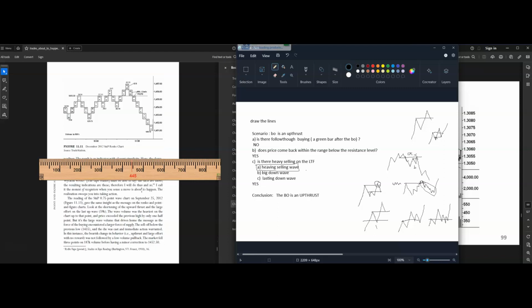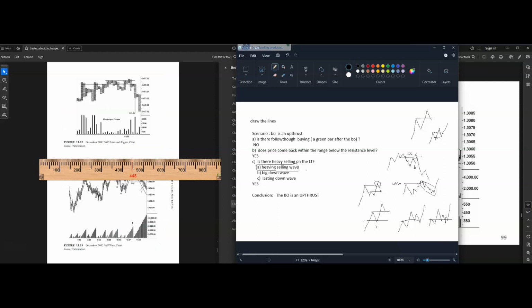And that's it. So keep it simple, keep it straightforward, focus on the setup and executing the signal, and then you have to have an entry procedure. The stop, okay, let me just go over this. This is important. Let's say you have this upthrust occur.